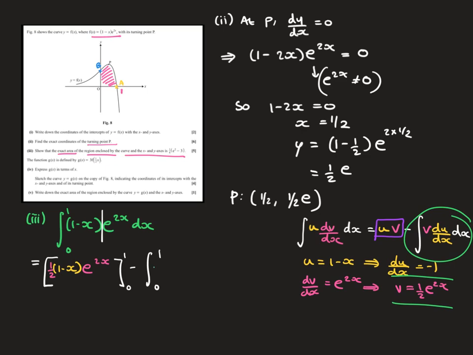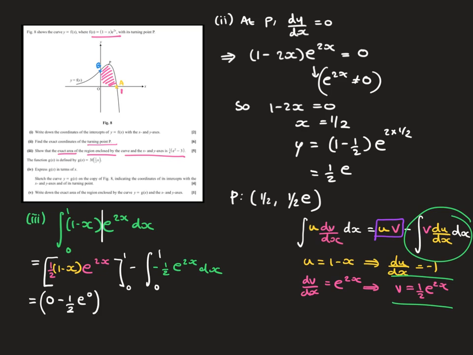So that's negative a half e to the 2x with respect to x. So substituting in the limits from the first part, we're going to get 0 for our upper limit, because 1 take away 1 gives me 0, minus a half e to the 0, which we'll deal with in a second.